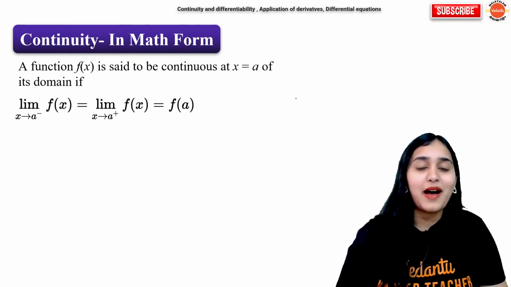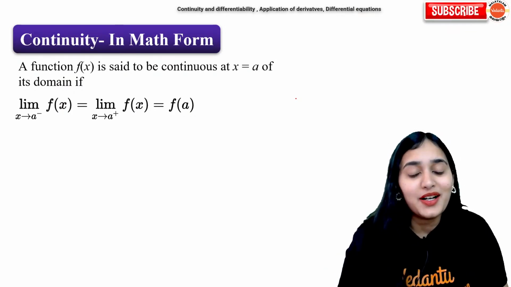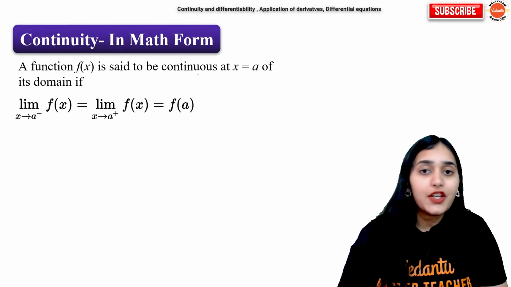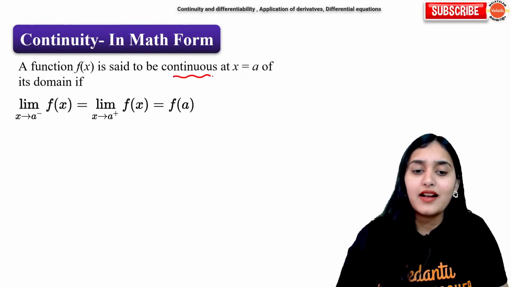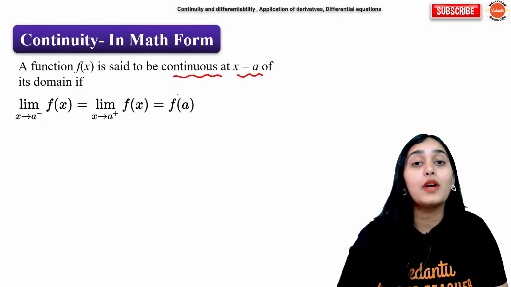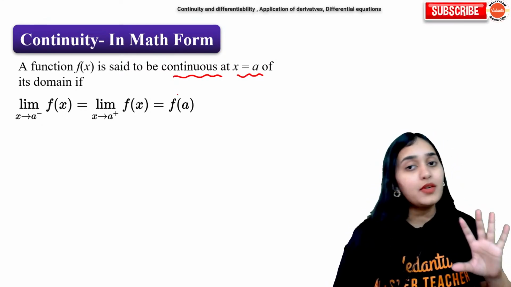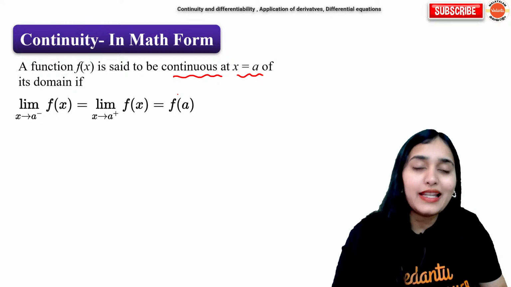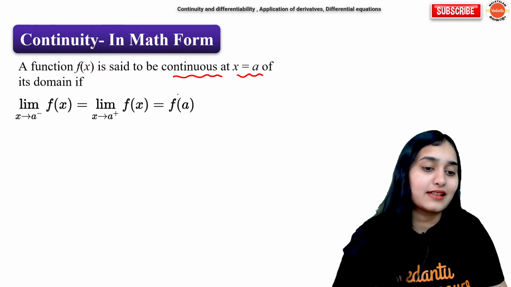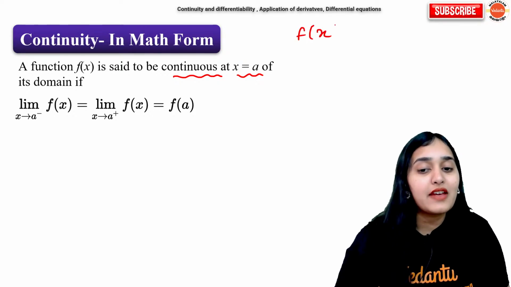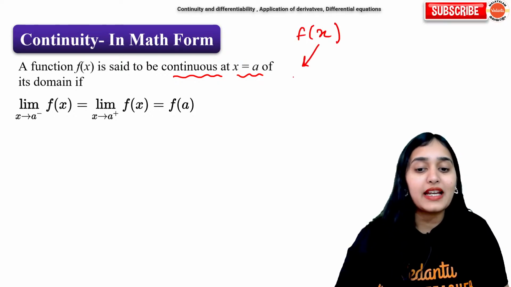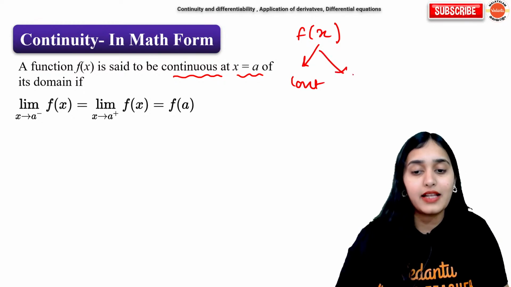Now let's talk about what we have to learn in continuity. So if you have a function and they ask you to check whether it is continuous at x is equal to a or not. So generally from continuity, you will get only this question, nothing else, only one type of question: that a certain function f(x) is given, you have to check whether it is continuous or discontinuous.